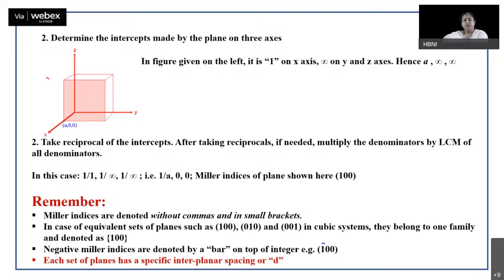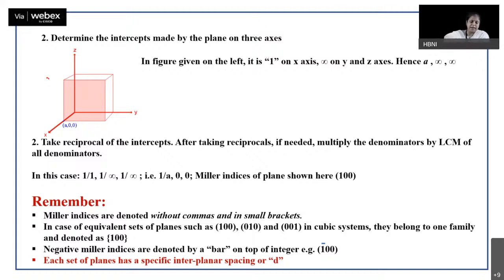Once we know the value of the intercepts, we take the reciprocal. In this case, it would be 1, 0, 0. But suppose it was half, 0, 0: if we have any number with a denominator, then we multiply all three numbers by the denominator to get whole numbers, and that gives us the Miller indices.